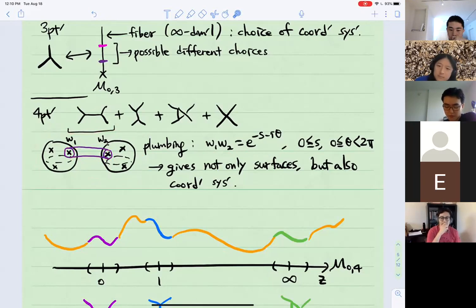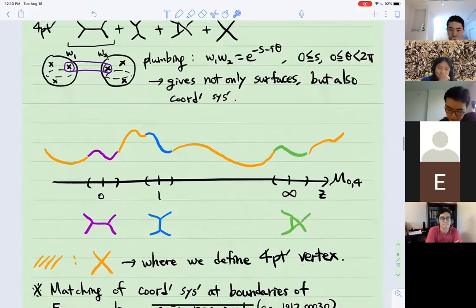And in particular, it's important to keep in mind that this does not correspond to a single Riemann surface, but rather a family of Riemann surfaces parameterized by S and theta. Okay. But importantly, this gives not just the surfaces, but there is a coordinate system induced by the previous choice of 3-point vertex. So this thing naturally comes with its own coordinate systems around these punctures.